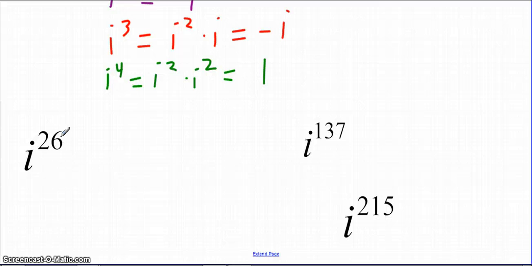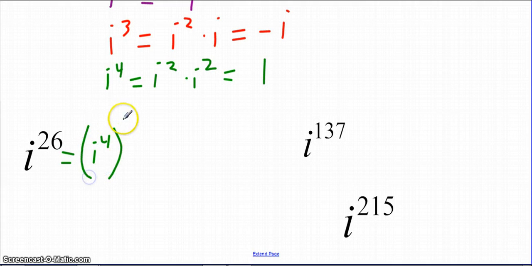Well, I know that it goes in there 6 times. So I can rewrite this as i to the 4th to the 6th power, and then I'm left over with i squared. So I know that this is going to equal -1, because this is the same as i squared.